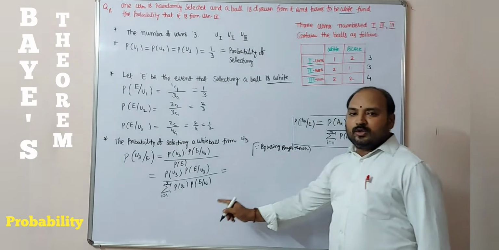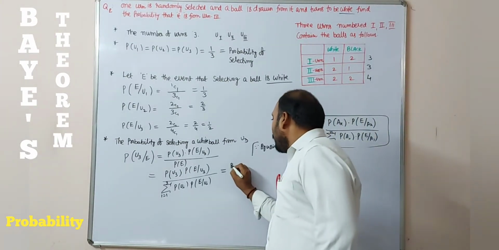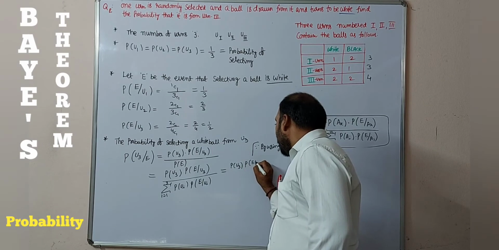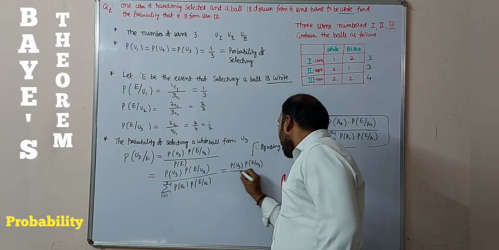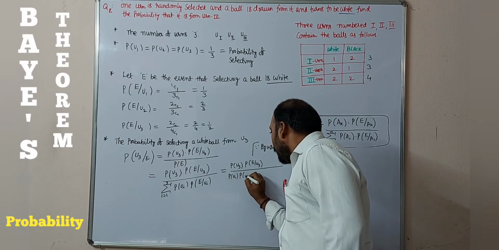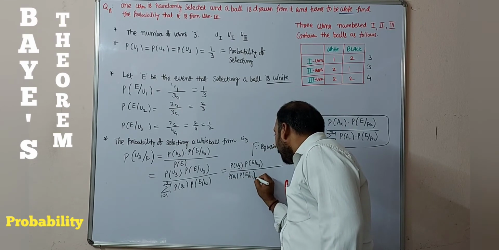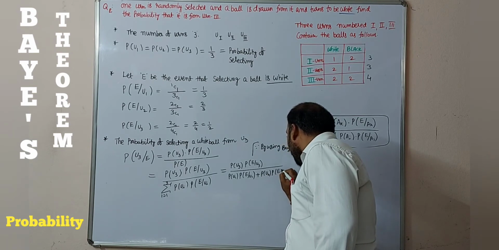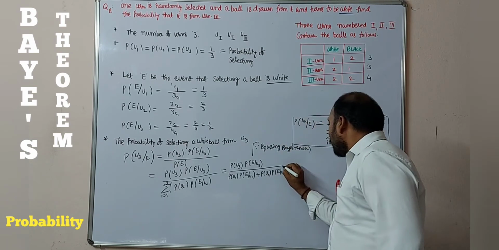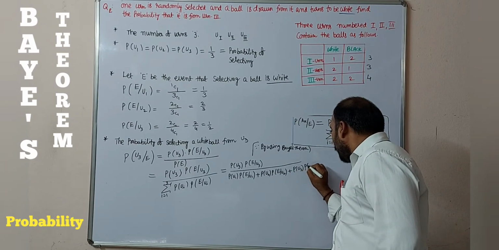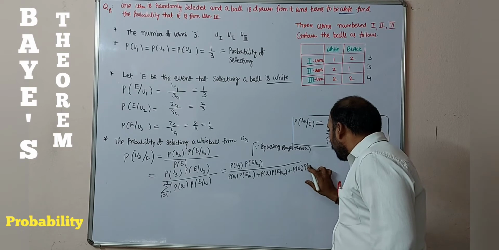I is equal to 1, 2, 3. Substitute: P of U3 into P of E by U3, divided by P of U1 into P of E by U1 plus P of U2 into P of E by U2 plus P of U3 into P of E by U3.